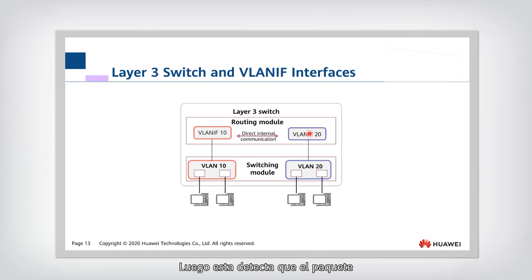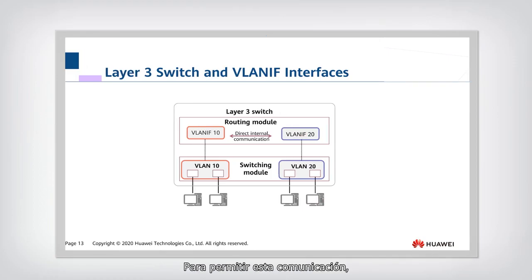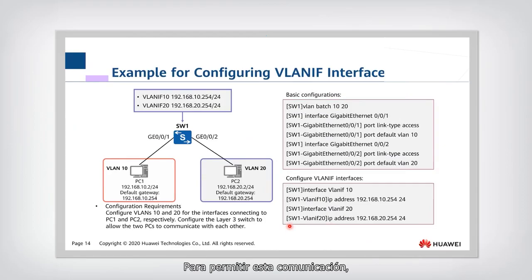And then this one finds that this packet is destined to a PC in VLAN 20, so it will send the packet through VLAN 20 and finally to PC2. So the packet transmission is achieved.